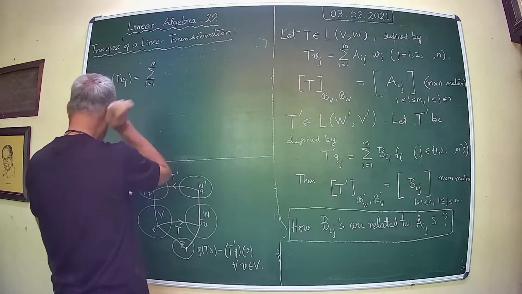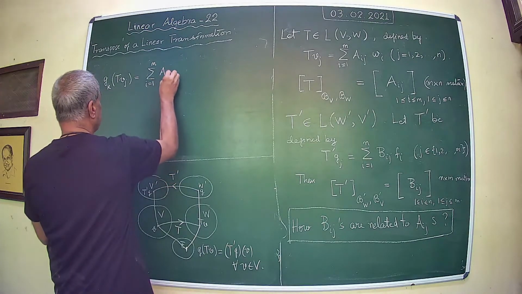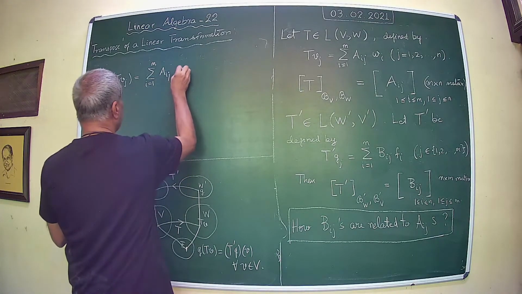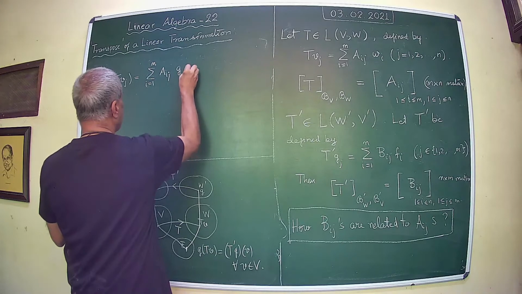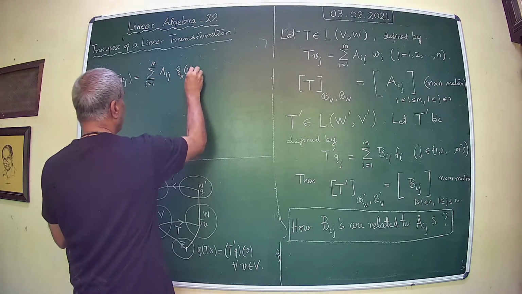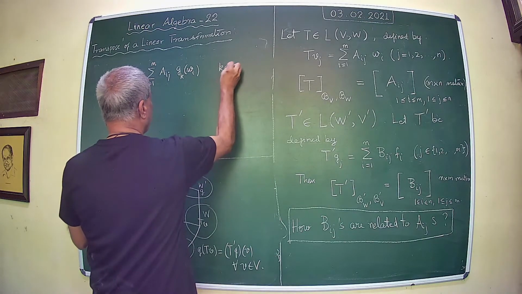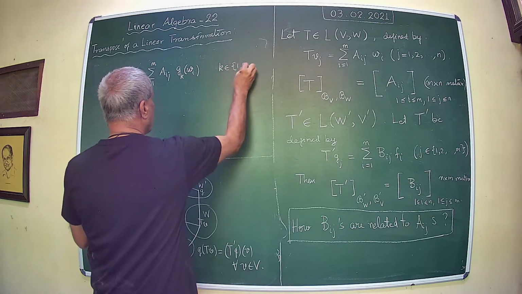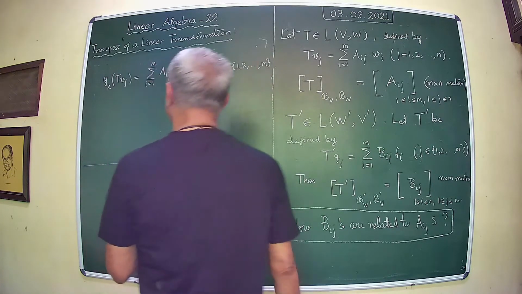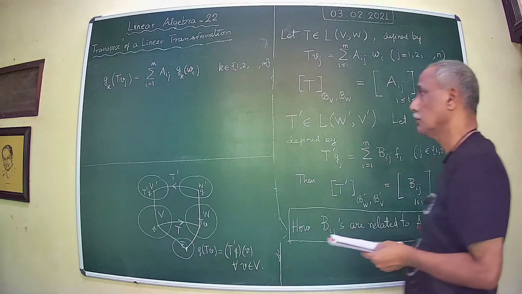By definition, this is Aij GK Wi. This is what you have.